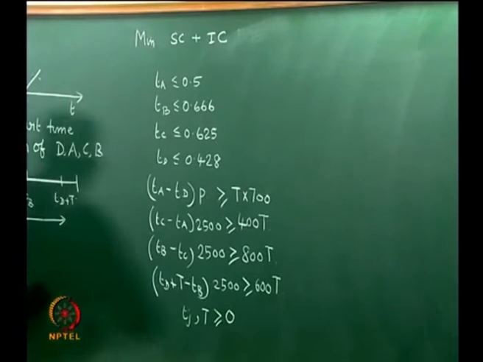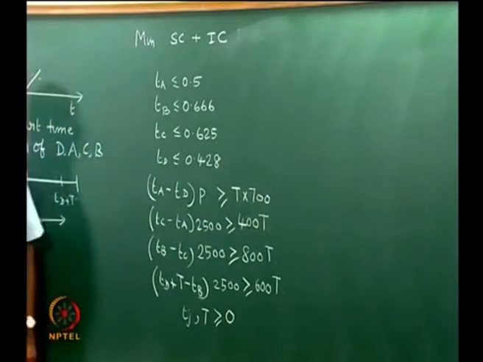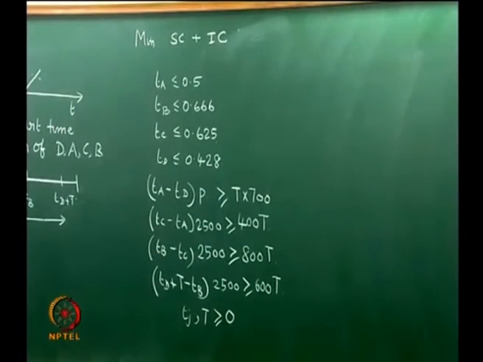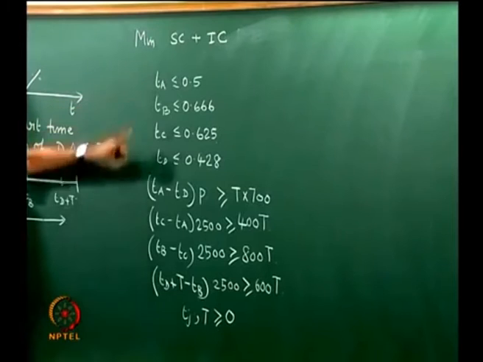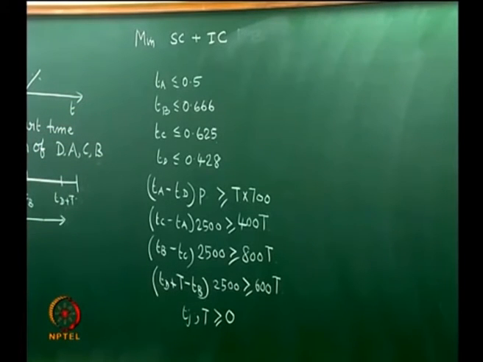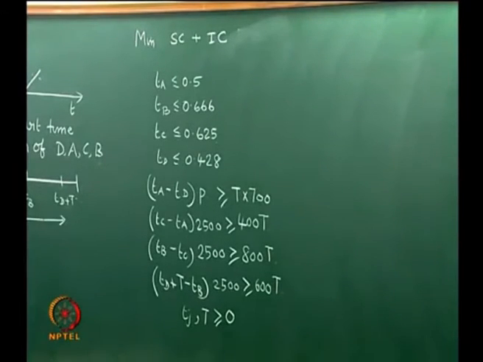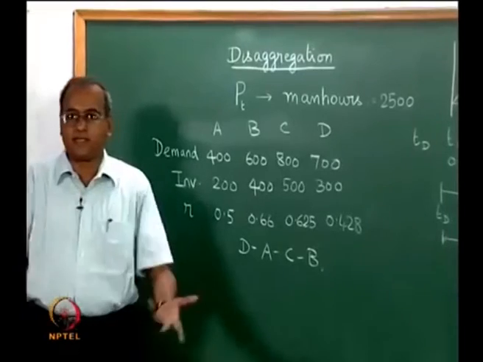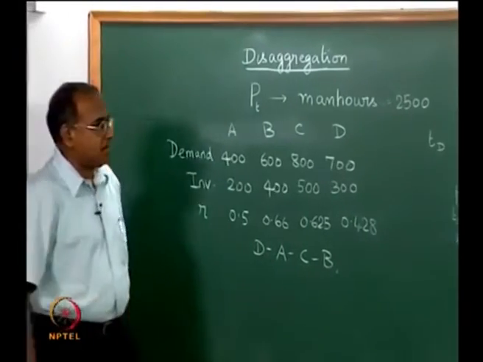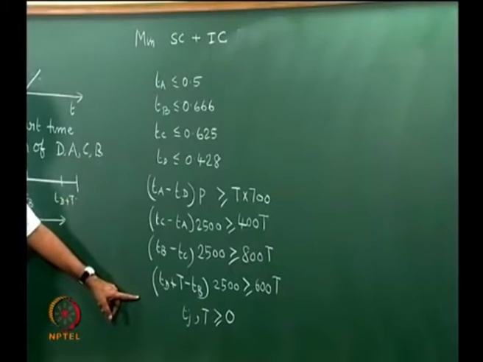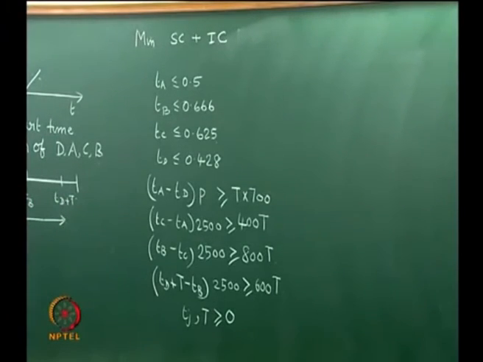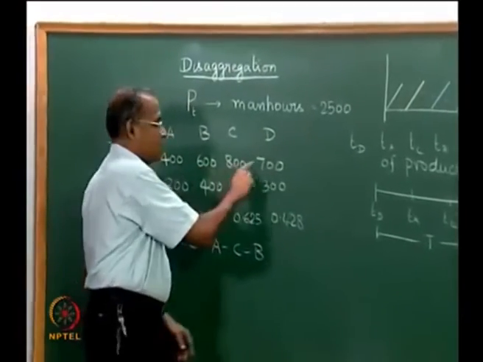Now, the moment we look at this constraint, what we are trying to say through this constraint is that these four ensure that the starting times of A, B, C, D are well within the range, which means we should be able to start the production of A, B, C, D before they are exhausted. But when we write these constraints, we are able to write these constraints largely because the total 2500 is equal to exactly this.